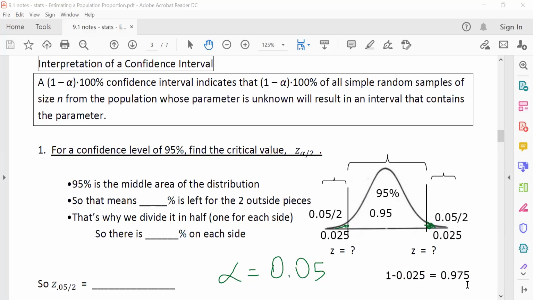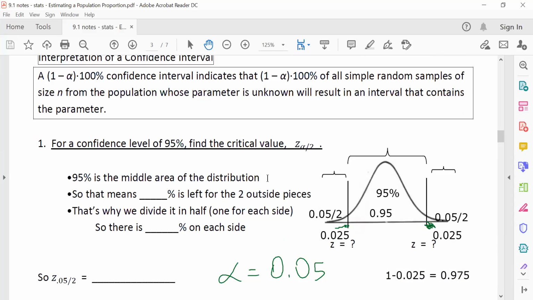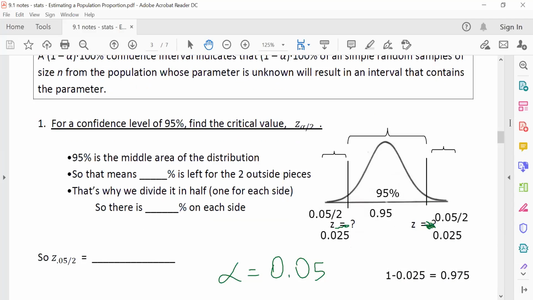And that means we're going to have to use our Z chart. Let me pull one up here. And it is a little confusing. We'll work some problems next class on Monday.